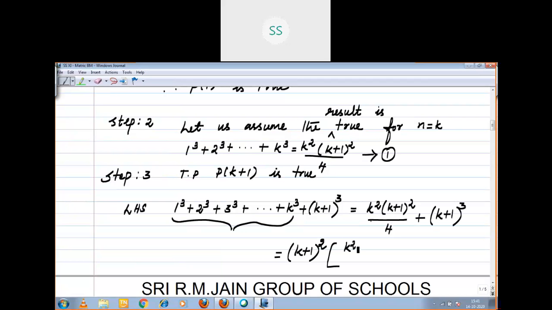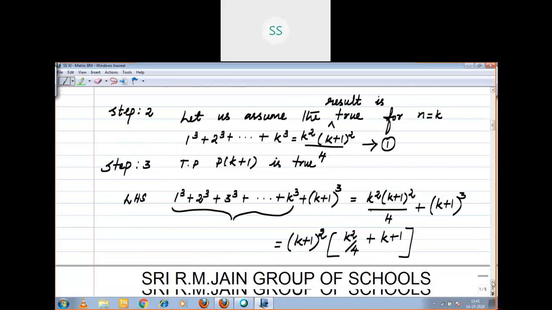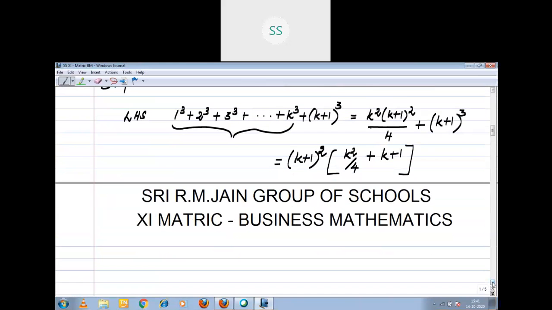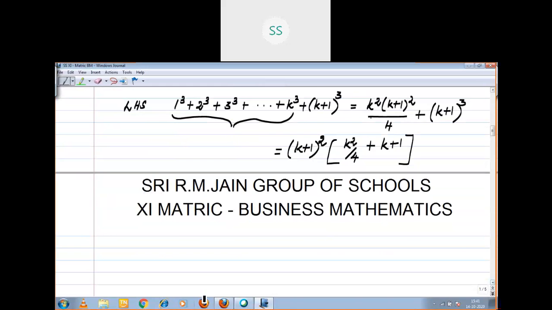The rest of the thing, k square by 4 plus k plus 1, which is equal to k plus 1 the whole square, k square plus 4k plus 4 divided by 4.